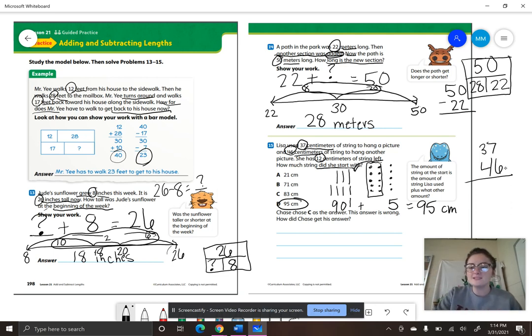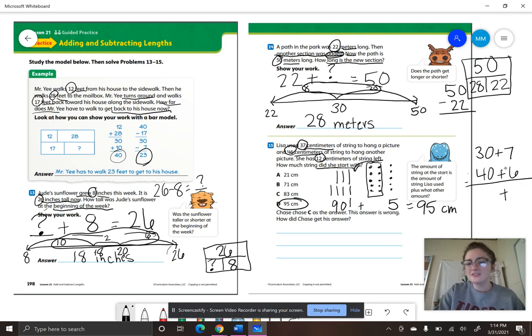So let's start by solving 37 plus 46. So I start with my ones place. I have 7 ones plus 6 ones. How many ones would I have altogether? I would have 13. And I am actually going to show this in a different way. So I'm going to do 30 plus 7 and 40 plus 6.